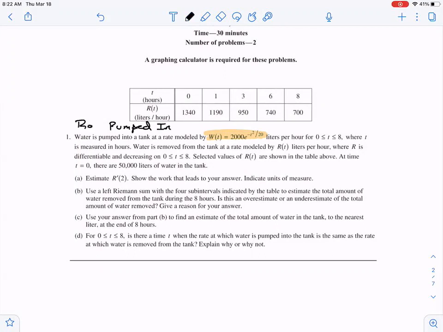So the rate that water is pumped in is given by W(t). Water is removed from the tank at a rate modeled by R(t). So R(t), which is given in the table, I don't have an equation for R(t), I just have data points. That is going to be the rate water is pumped out.